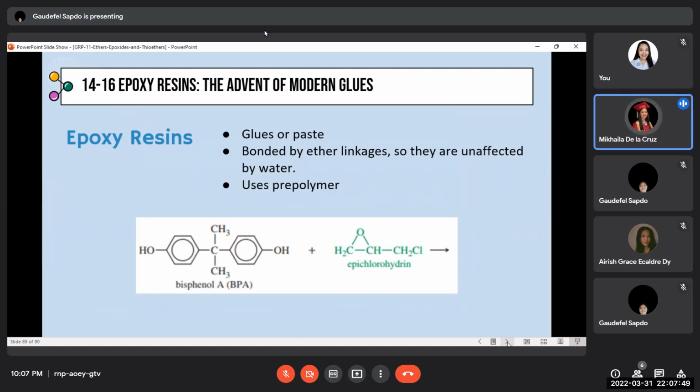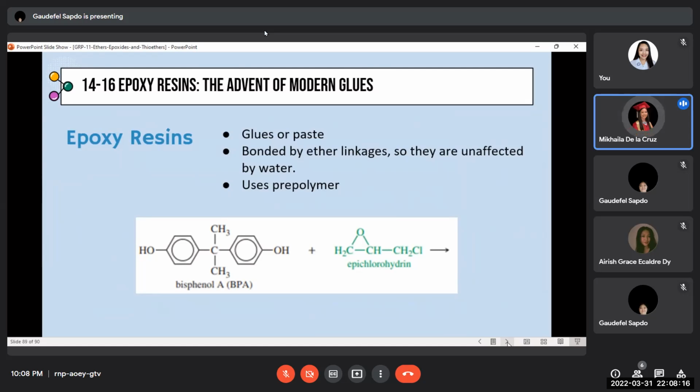Epoxies use a prepolymer that can be made as runny or as gummy as desired, and they use a hardening agent that can be modified to control the curing time. But with the absence of hardening agent, they have a long shelf life. The most common epoxy resins use a prepolymer made from bisphenol A and epichlorohydrin.